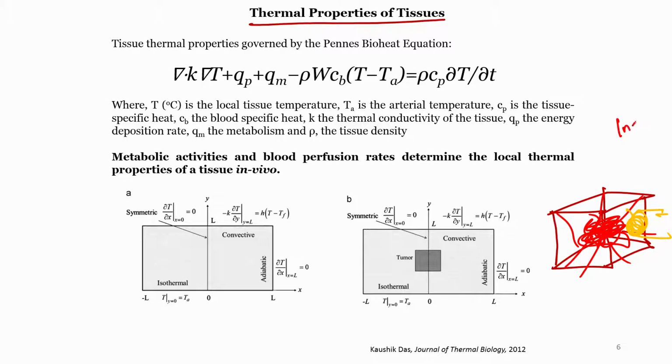In vivo is inside the body, ex vivo is tissue outside the body, and in vitro is tissue on a tissue culture dish or cell plate. Now, this internal heat generation will be of great importance when we are trying to measure the thermal properties of an in vivo tissue. For ex vivo, it is not that important, but for in vivo it will be very important, right.